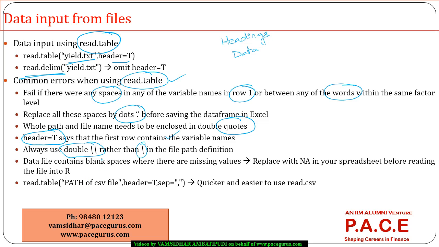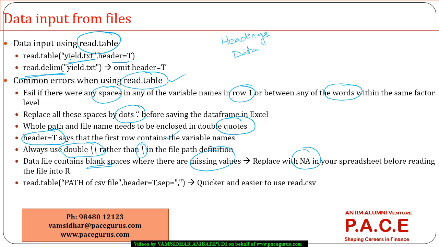Rather than a single slash, give a double slash, right? The data file contains blank spaces when there are missing values. Make sure if there are some missing values in your data, replace them with NA, not available, before you read them into R. Otherwise, it can create some kind of a problem.